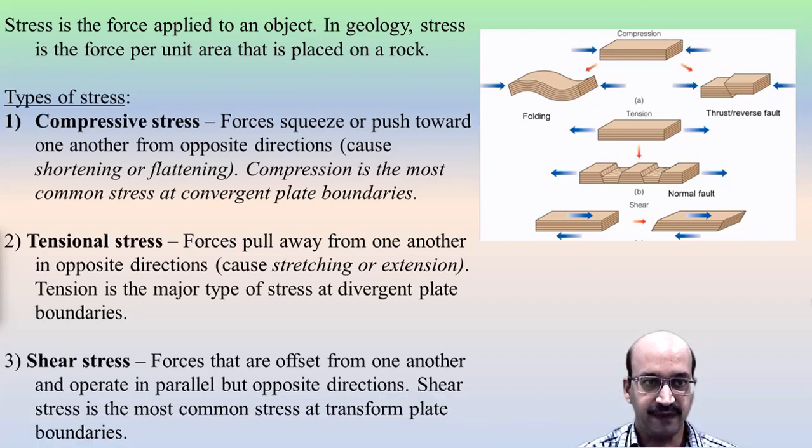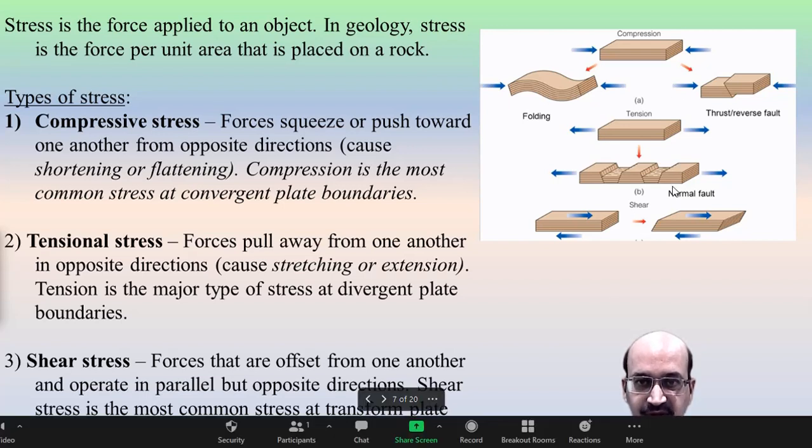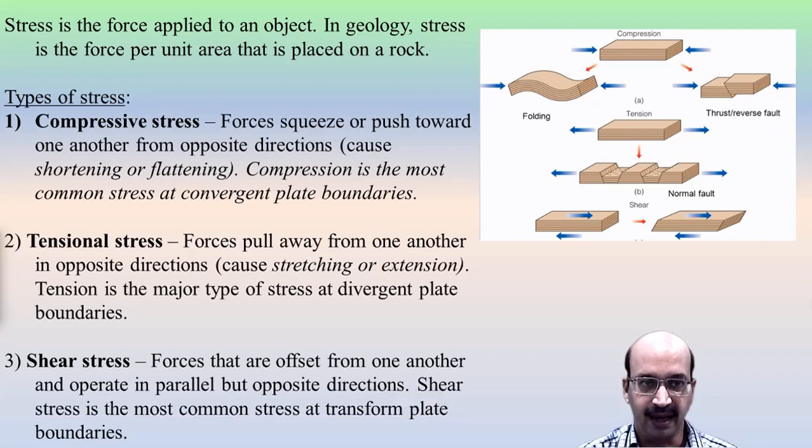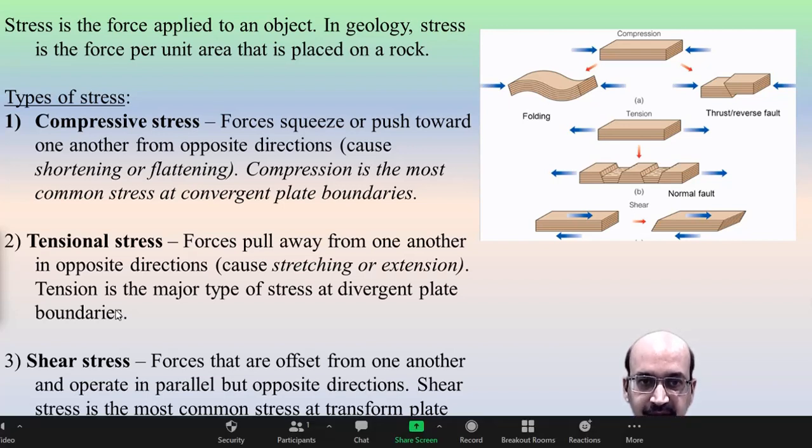In the case of tensional stress, the forces pull away from one another in opposite directions, and the result is stretching or extension, as we can see over here in the diagram. And the shear stress, in this case, the forces are offset from one another and they operate in parallel but in the opposite directions.